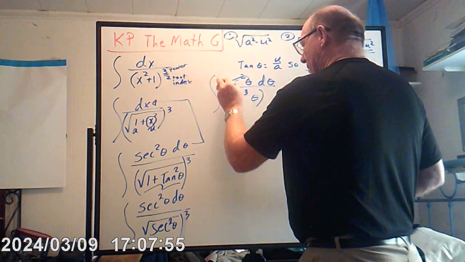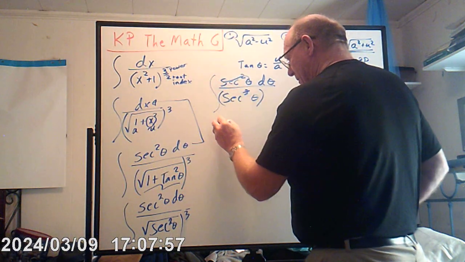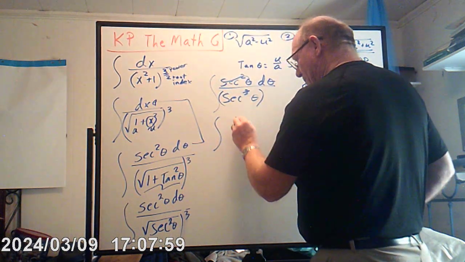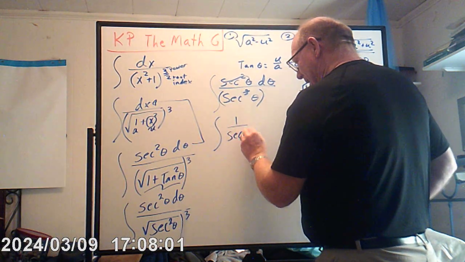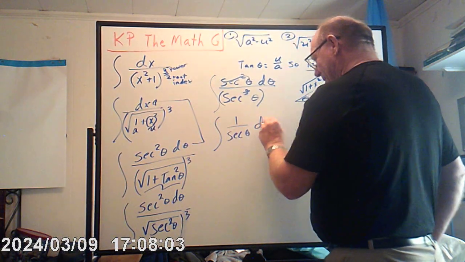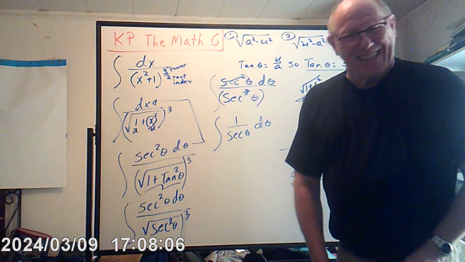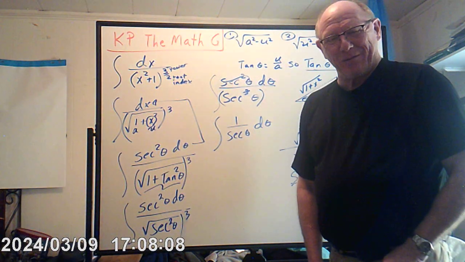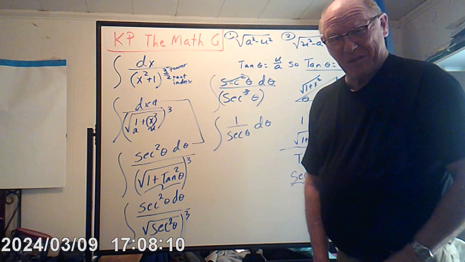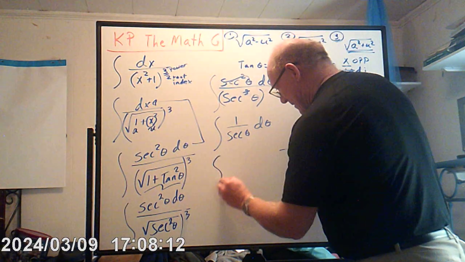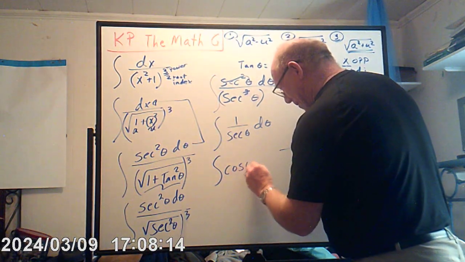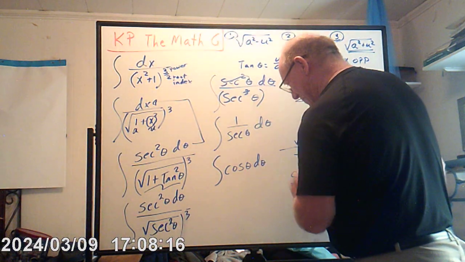Both of these are gone, and 2 of these are gone, so we're left with 1 over secant theta d theta. But that's really nice because I know that 1 over secant is cosine. Well, we've got to remember that. Wow, so much to memorize.